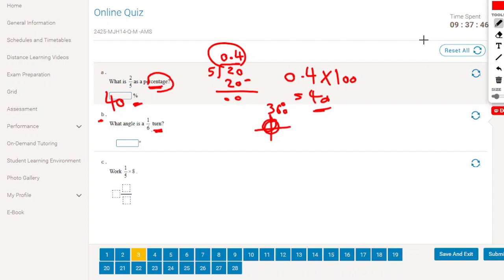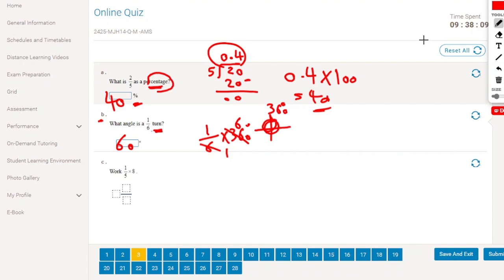So all I will do is say 1 over 6 multiplied by 360, because the turn is 360. I need the 1 over 6 of the 360. So 360 divided by 6 equals 60. So the answer here will be 60.